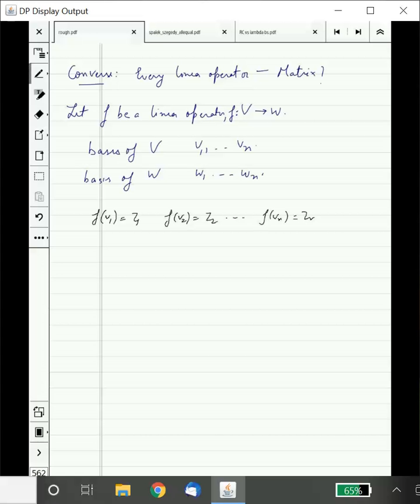Remember, z1 to zn are elements of W. So I can write z1 as some linear combination of these vectors w1 to wm, because they lie in this vector space W.